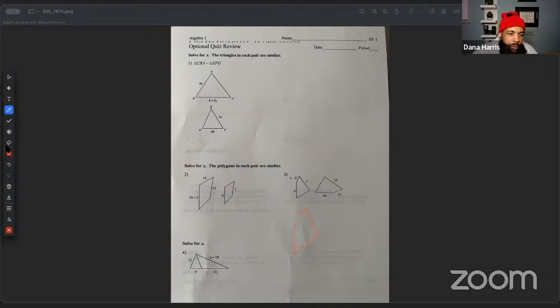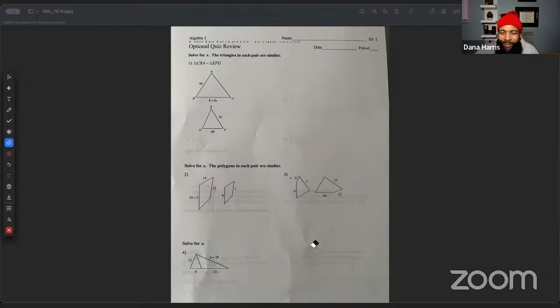Actually, let me do this part. I gotta erase something. Let's try it like this. So let's do it like this. Boom, boom, boom, and boom. Now, mine is a little off.